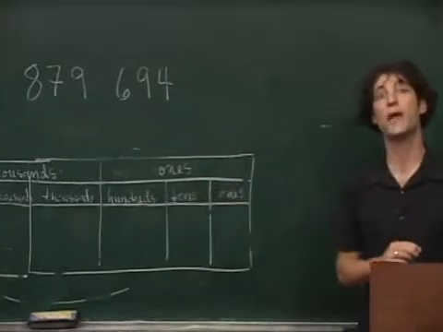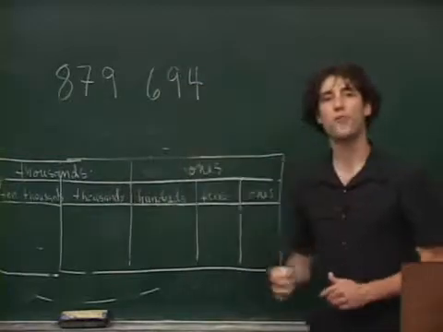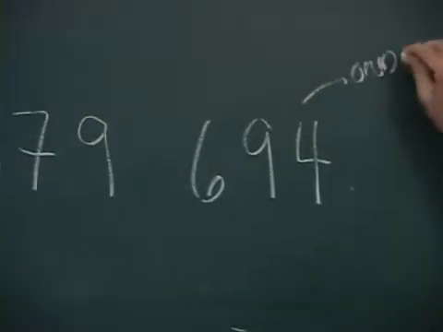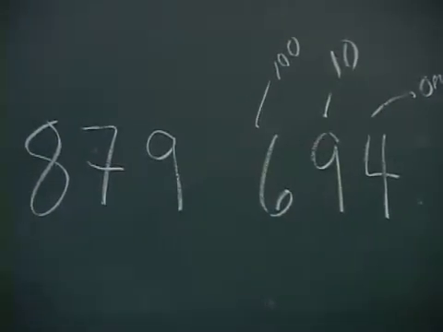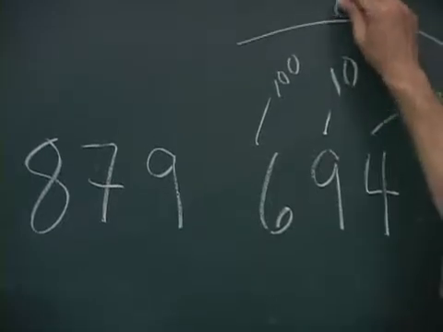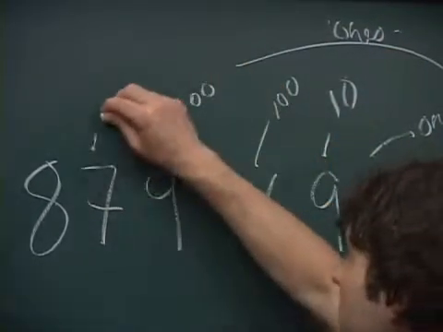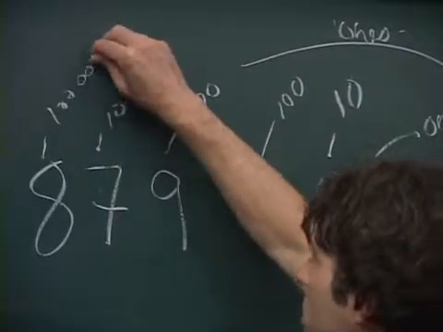Okay, which number do we have up here? Well, it's up to you to find out which number represents what. This represents the ones, this the tens, this the hundreds. These are all ones. This the thousands, this the 10,000s, and this the 100,000s.